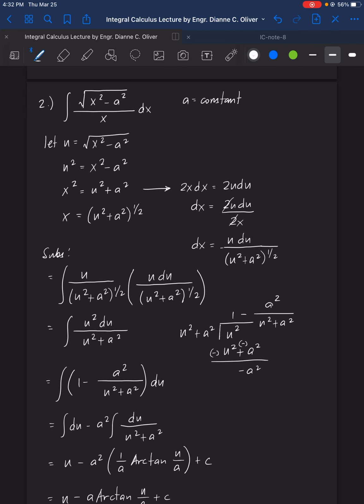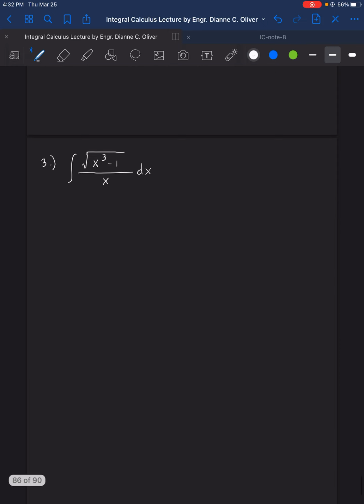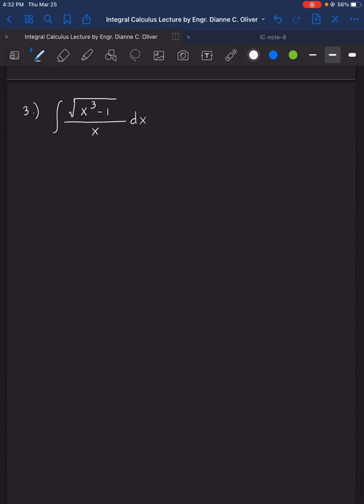Screenshot first. Let's go to number 3. Sample number 3. We have here the integral of the square root of x raised to 3 minus 1 over x dx.